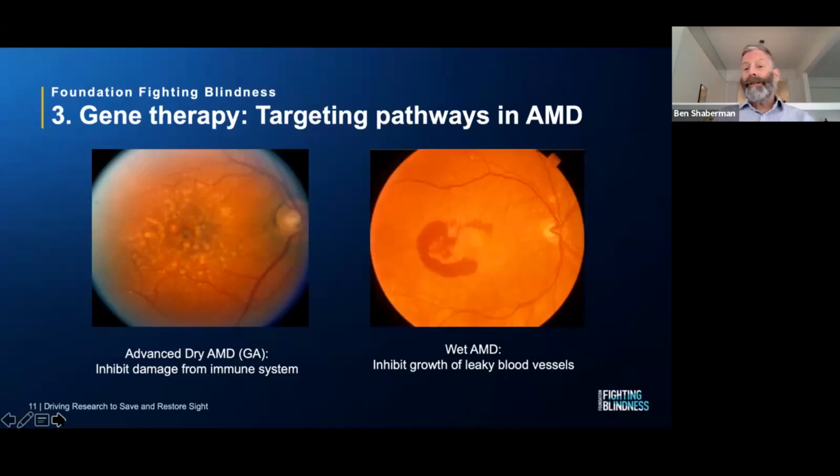So these gene therapies are designed to reduce the burden of these other therapies that require regular injections. And again, there are gene therapies in clinical trials. Some are showing promise, encouraging results. So stay tuned as those clinical trials move forward.